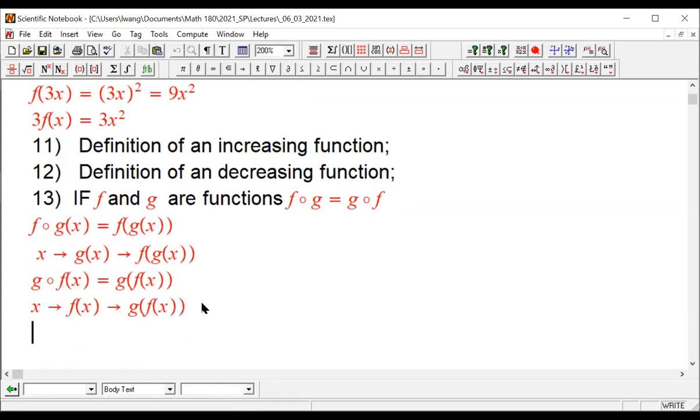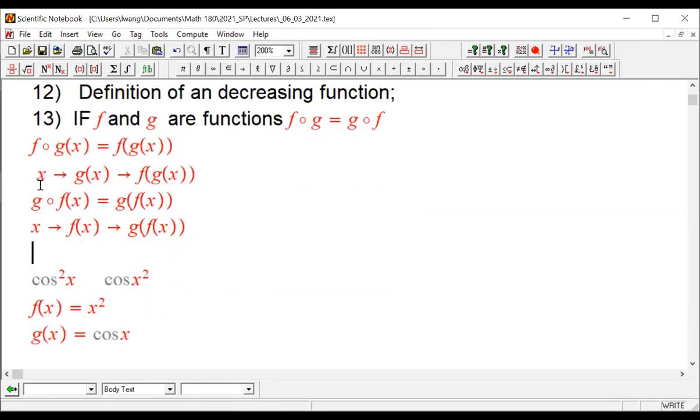So I use a little bit simplified flow form from what we did in class. Can these two produce the same output? So this claim is saying that for any input, these two are always the same. In other words, you have two functions, you composite them in two different orders, and you produce the same output.